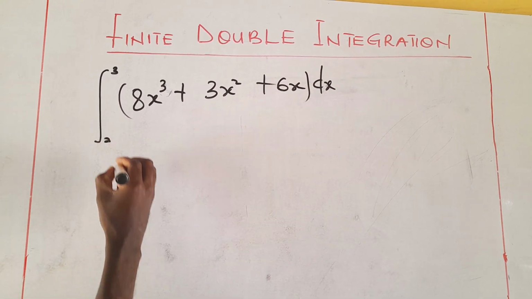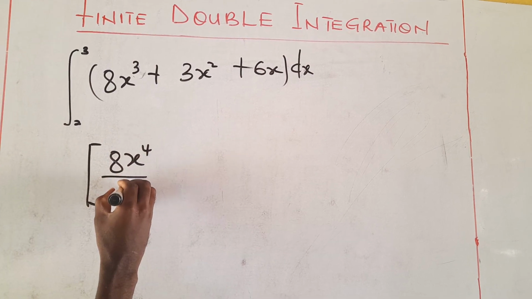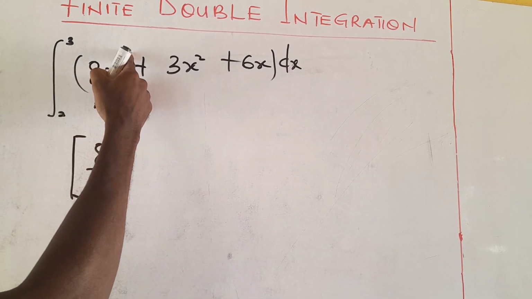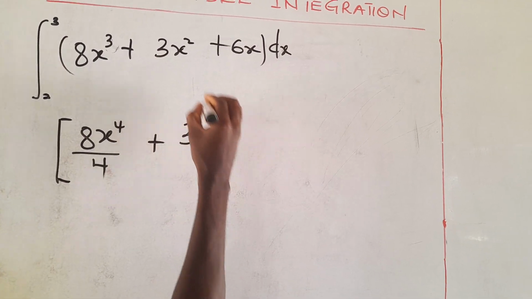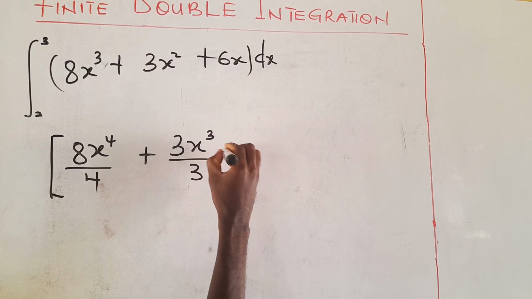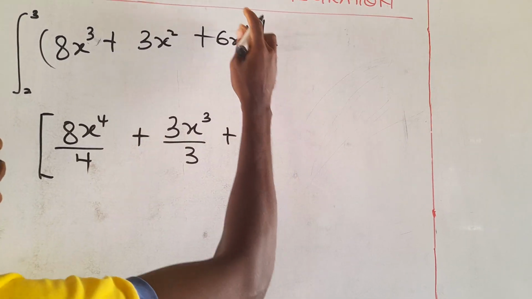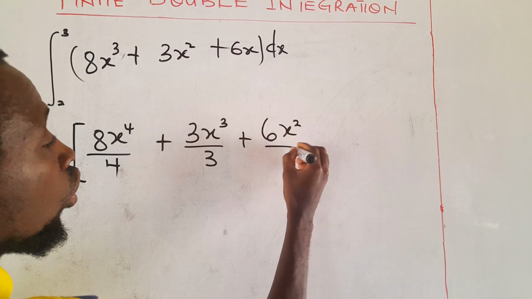So we integrate this term by term, we get 8x exponent 4 over 4. And add 1 to 3, we get 4. Then plus 3x, we add 1, exponent 3 over 3. Then plus, this is exponent 1, so when we add 1 to the 1, we get 2 over 2.